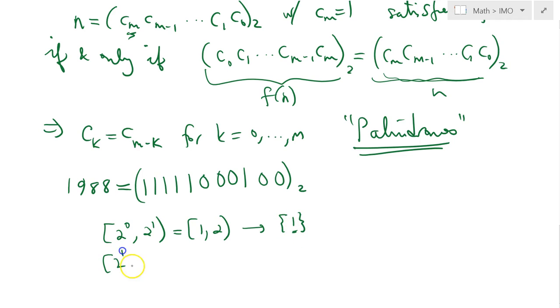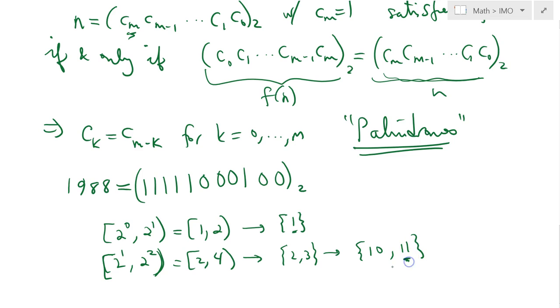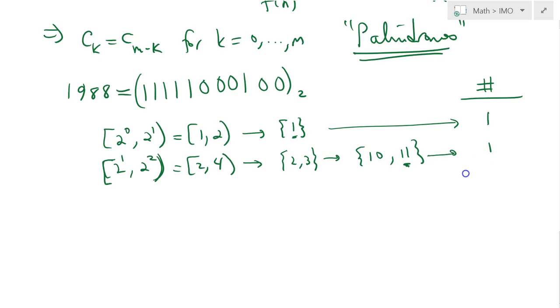And then if you go on to the following interval, 2 to 4, we have the numbers 2 and 3 in this range, and in binary they would be represented simply as 1 0 and 1 1, and of these only one of them is a palindrome. So we had one palindrome here, and here we have again one palindrome.